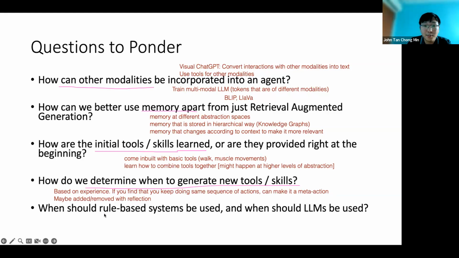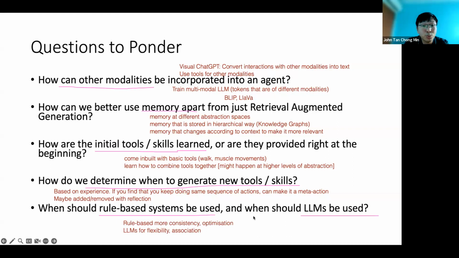Okay, last question. When should rule-based systems be used, and when should LLMs be used? I think I answered this question earlier: rule-based will be more for consistency and optimization, LLMs for flexibility and if you need association. So in the multi-agent framework that I'm thinking of, it's not just LLMs as your agents.